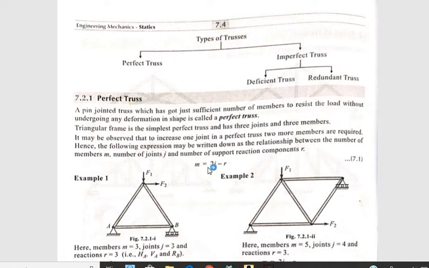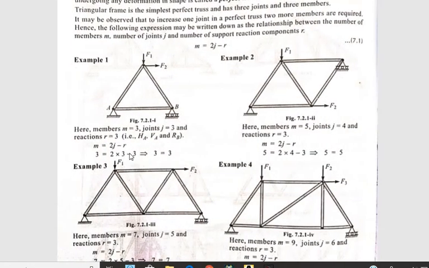Now this equation: m = 2j - r, where m is the number of members, j is the number of joints, and r is the number of equilibrium reactions. See this truss. How many members? One, two, three members. How many joints? One, two, three joints.